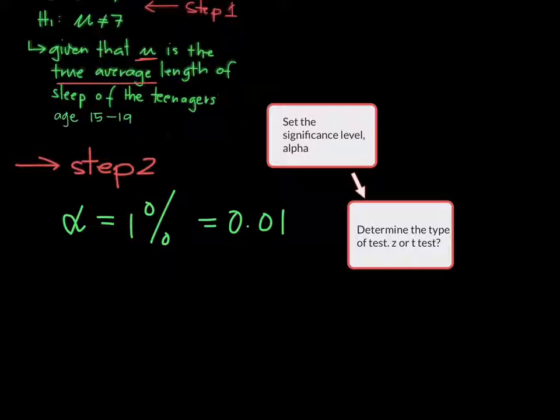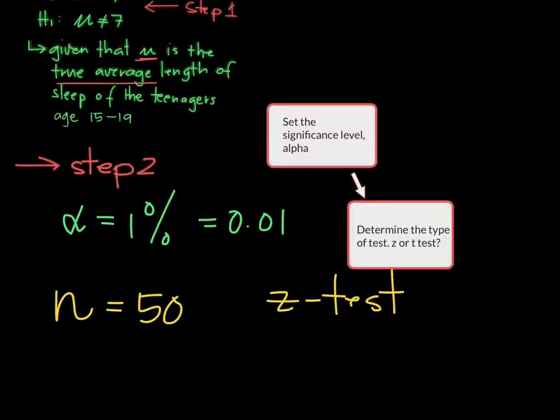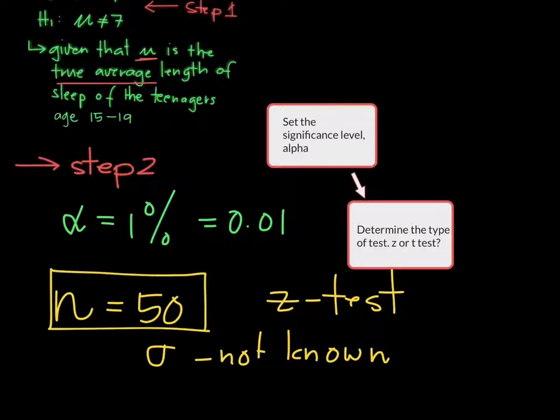If in your study you are going to take a sample with a size of 50, then this test will use a z-test, because the population standard deviation is not known but the sample size is higher than 30, so we were able to determine the type of test, which is the z-test.